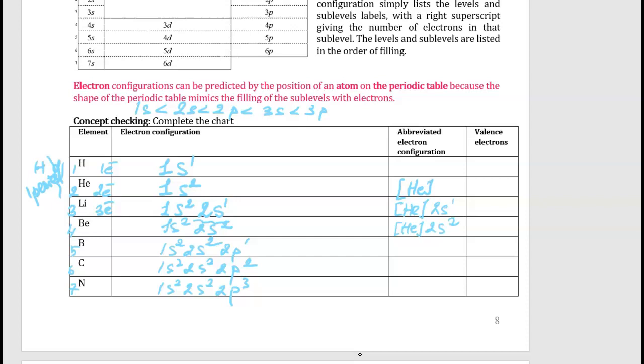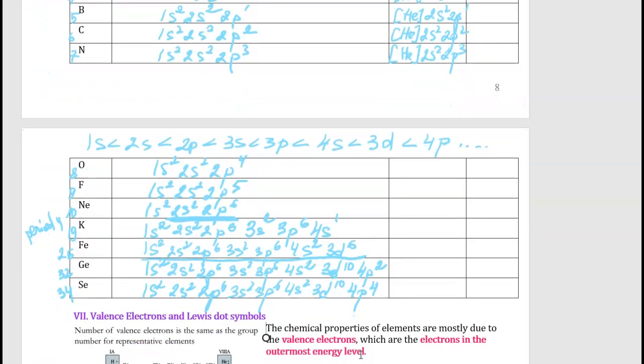And you can pause and try to do it by yourself and then check, okay? So the same for the next elements: 2s2, 2p1, 2s2, 2p2, 2s2, 2p3, 2s2, 2p4, 2s2, 2p5.